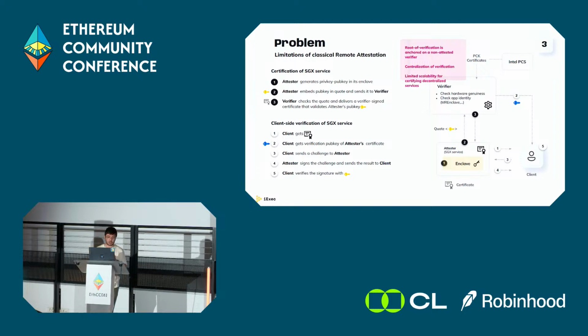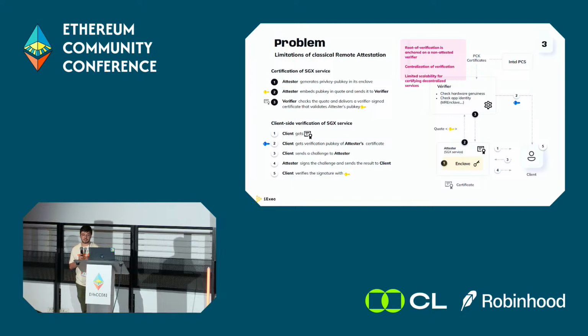However, the main drawback of this scheme is centered around the verifier. Indeed, the verifier actually is the root of verification, and it is anchored, let's say, on a non-attested entity, which means that the client blindly trusts the verifier about the decision it takes with regard to the SGX service.